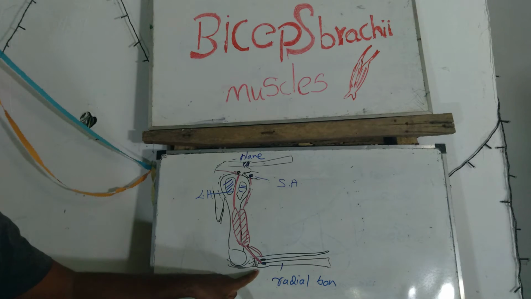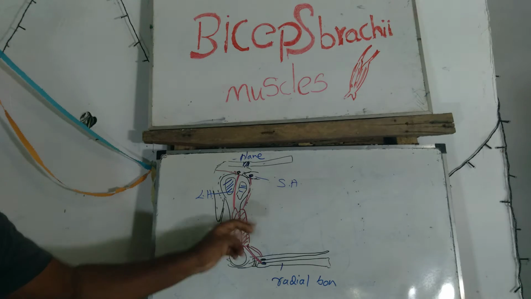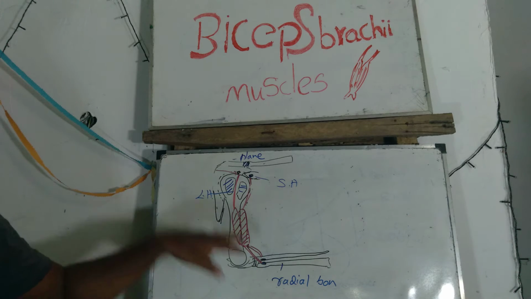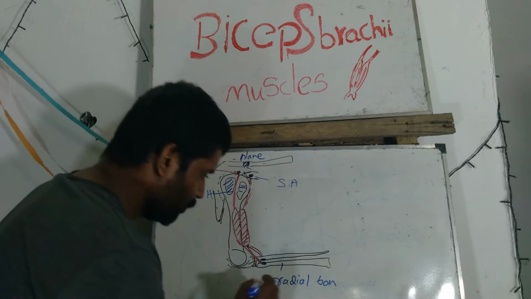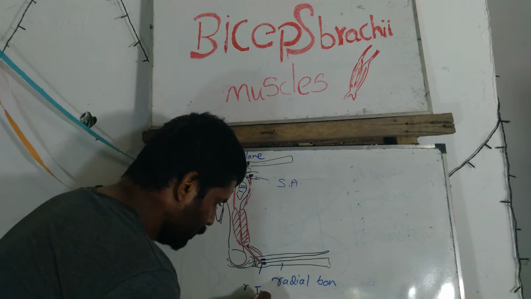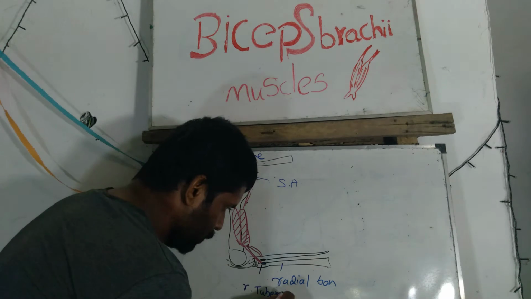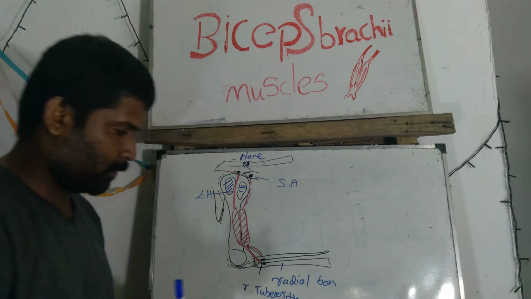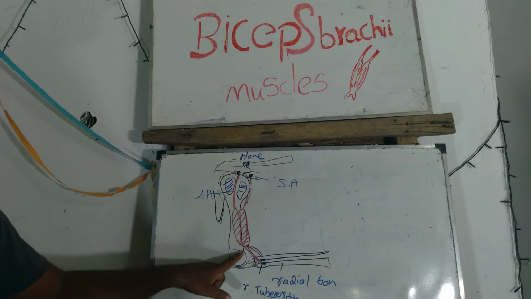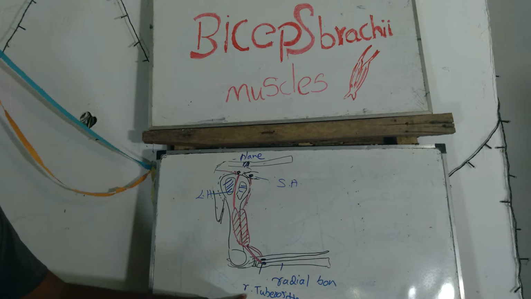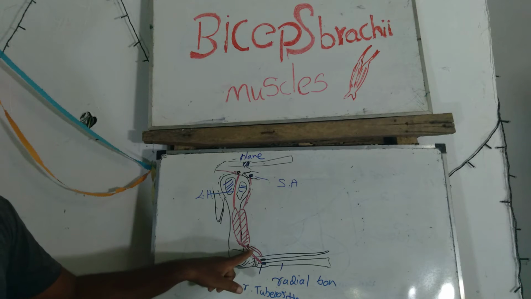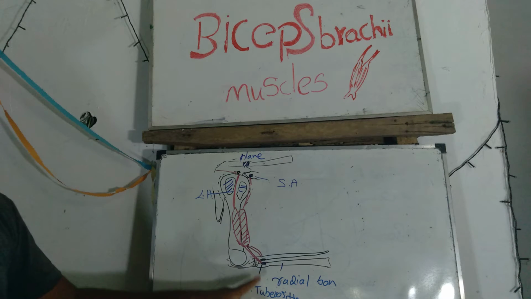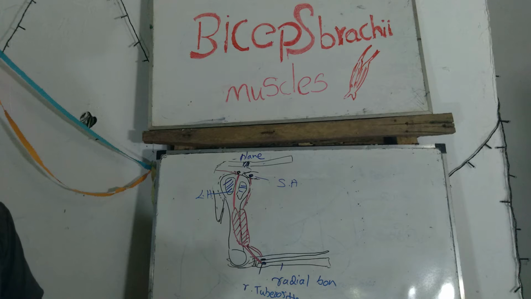This muscle has two tendons of origin and two tendons of insertion. The lateral one inserts to the radial tuberosity. The medial one, the bicipital aponeurosis, covers the proximal ulnar bone.